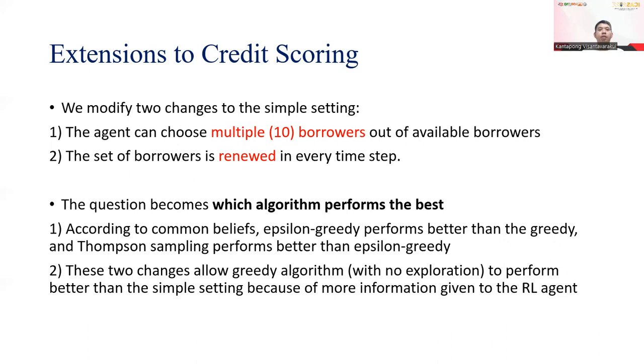But by introducing these two changes, we allow the greedy algorithm to perform better than in the simple setting, because the agent has a lot of borrowers, a lot of information in hand, and then the algorithm will not be stuck on an inferior action. So we expect it to perform better than before, but comparatively, we do not know yet whether it performs better than other algorithms in the same setting.